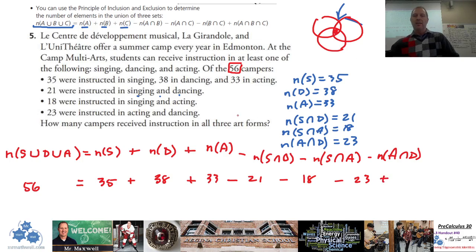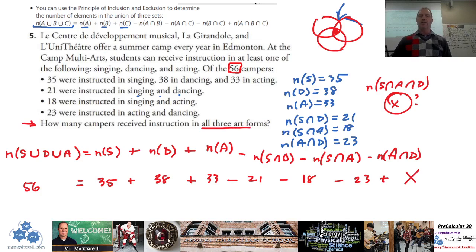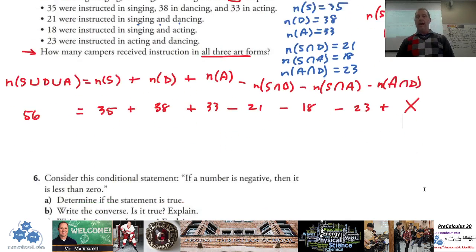What's the little part? The number of singing and acting and dancing is the very middle part, and that is unknown. That's this question right here, all three forms. So this is a big fat X, unknown. Once we get to this point, we go ahead and solve for X.